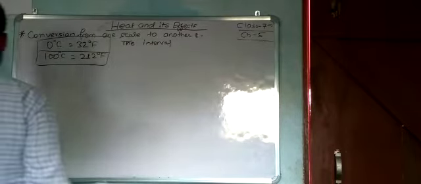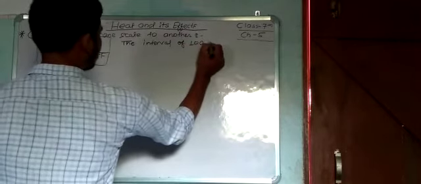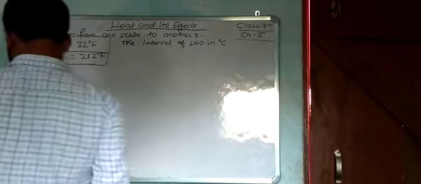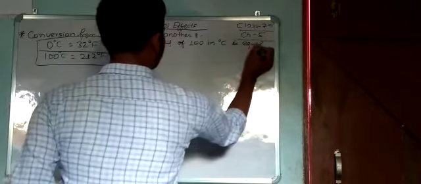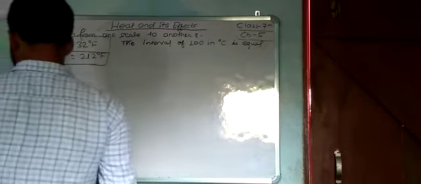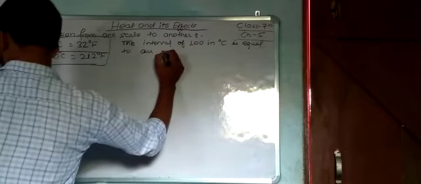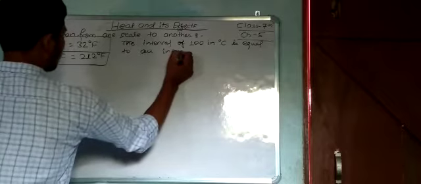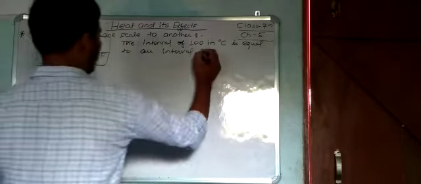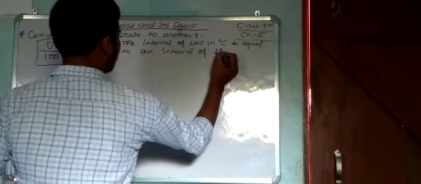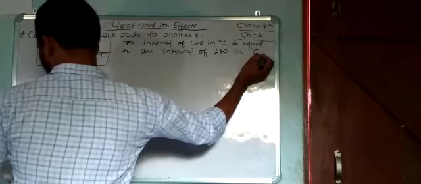The interval of 100 in degree Celsius is equal to an interval of 180 in degree Fahrenheit.